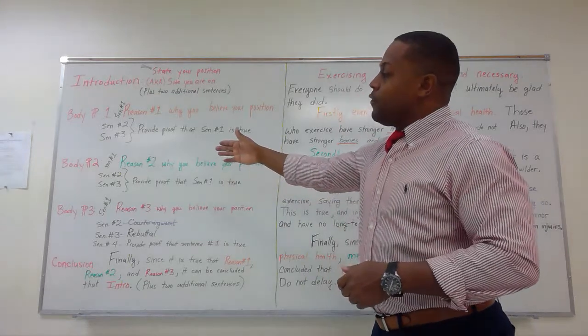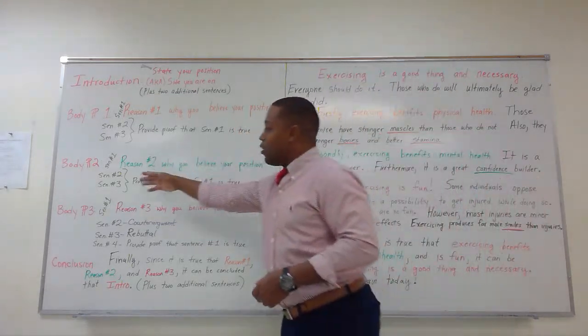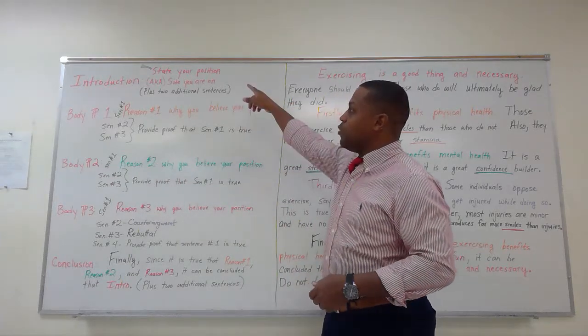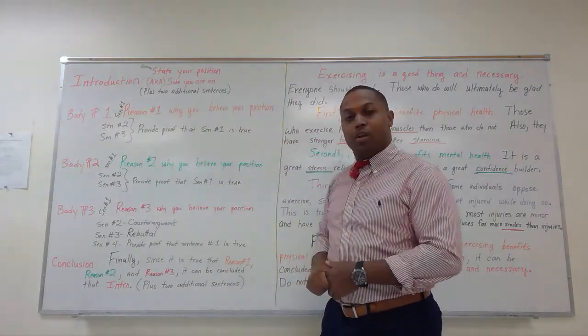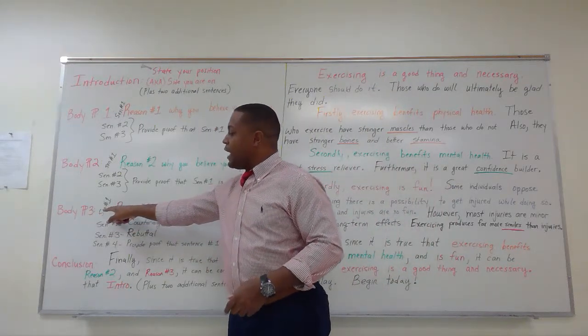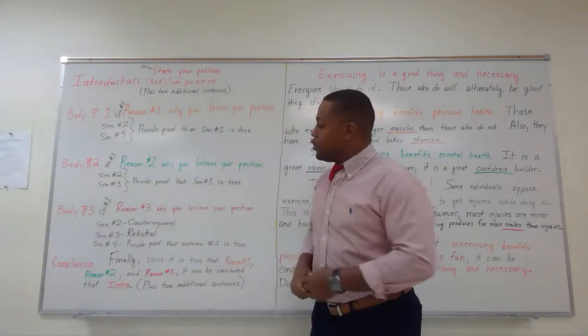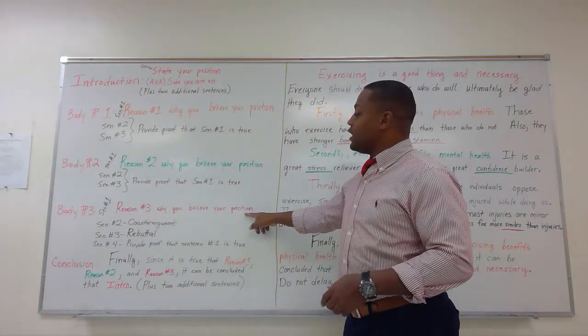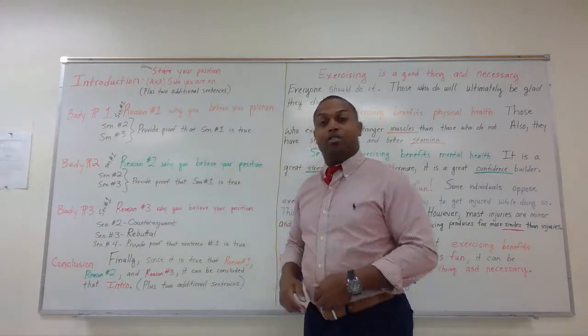The very first sentence of body paragraph number 2 should be reason number 2 why you believe what you said in your intro. And finally, in body paragraph number 3, sentence number 1 should be reason number 3 why you believe your position that you stated in the intro.